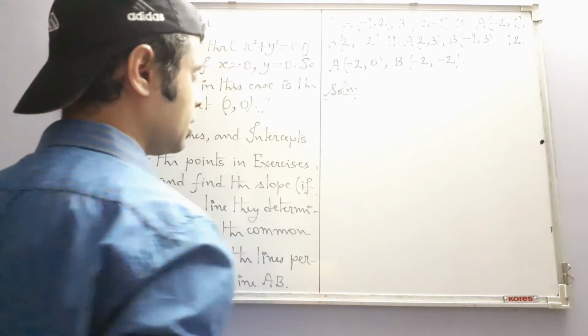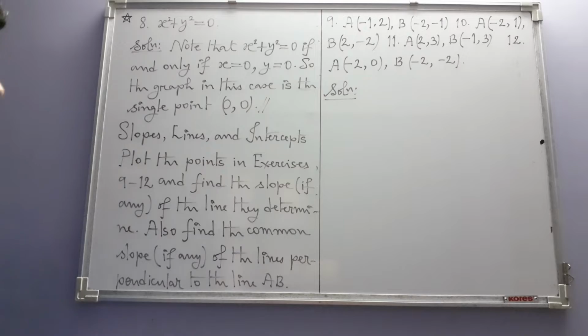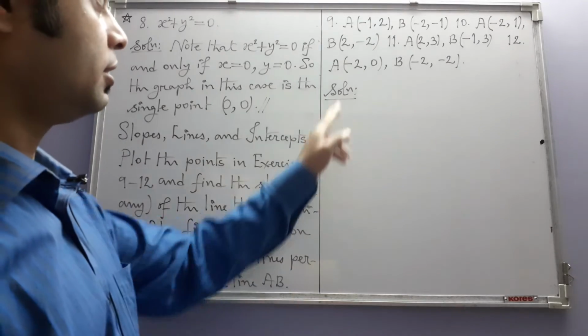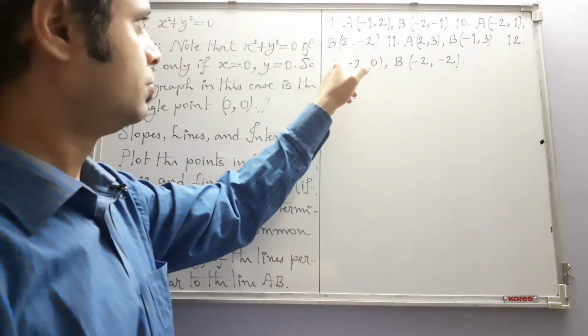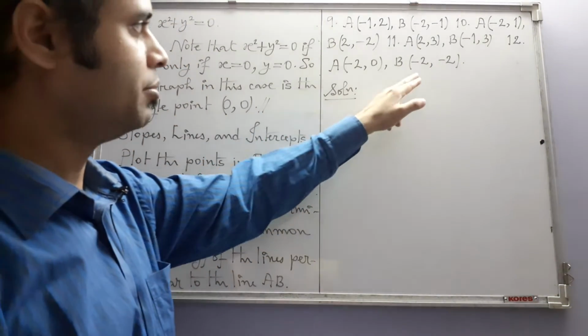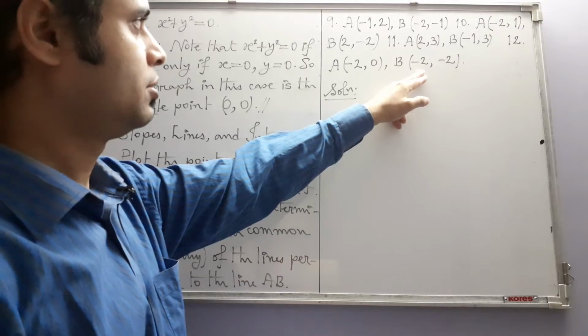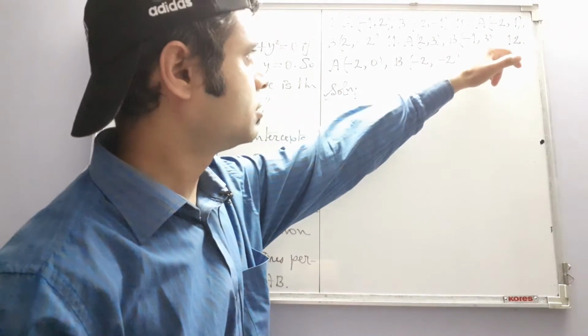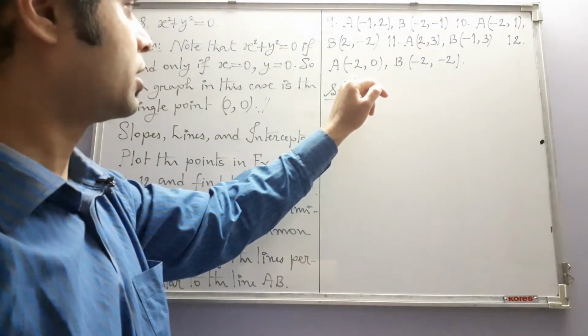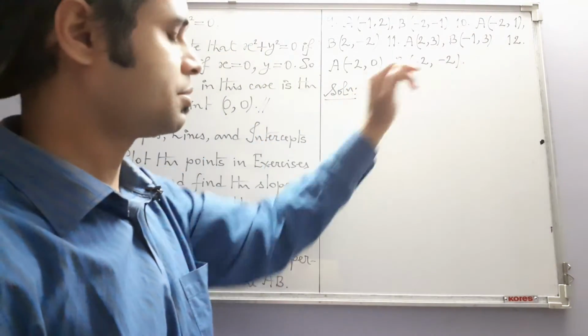Among all these points, the maximum x coordinate is 2 and the minimum is -2, whereas the maximum y coordinate is 3 and the minimum is -2.